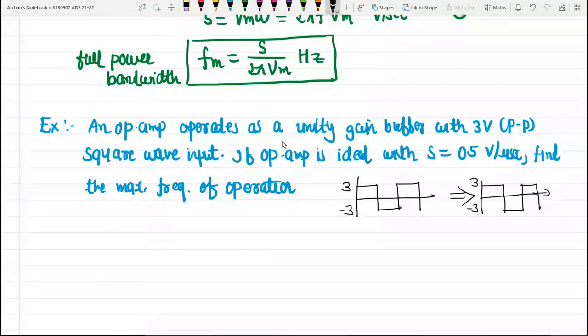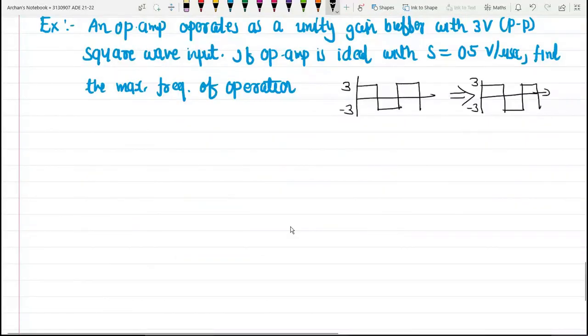And slew rate is also available to us. It is 0.5 volt per microsecond. Now we have been given the value of peak voltage. Sorry, 3 volt peak to peak is given. I have made a mistake over here. 3 volt peak to peak means this entire range is 3 volt.